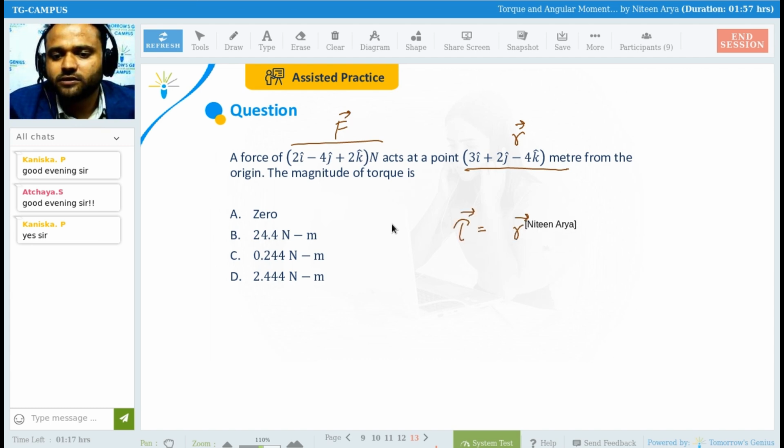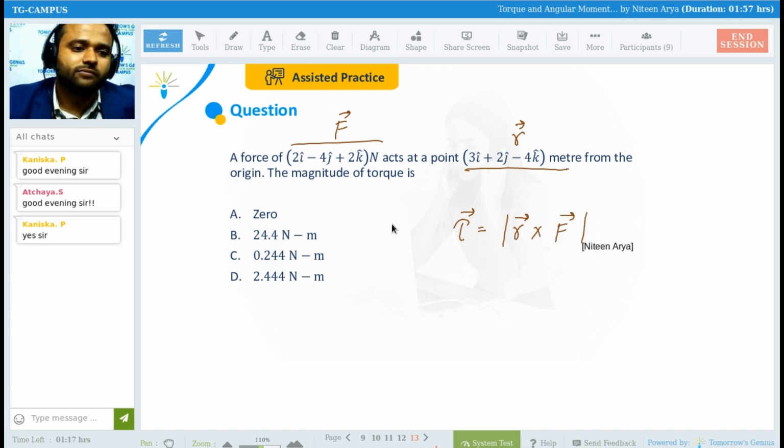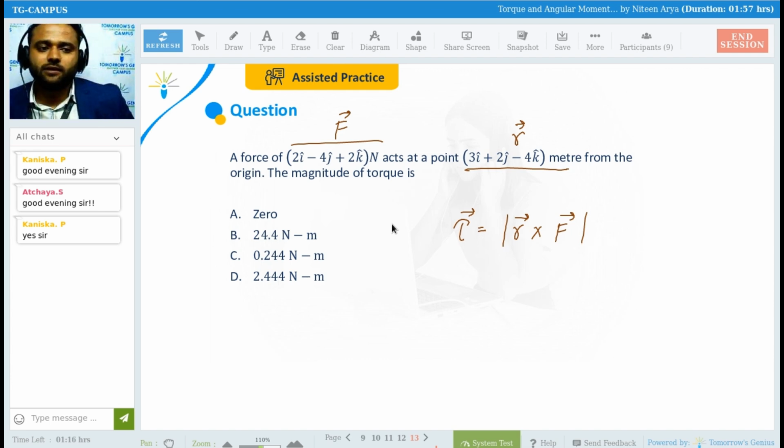This cross this, and the magnitude. So this means do the determinant and tell me the answer. The next question is good.